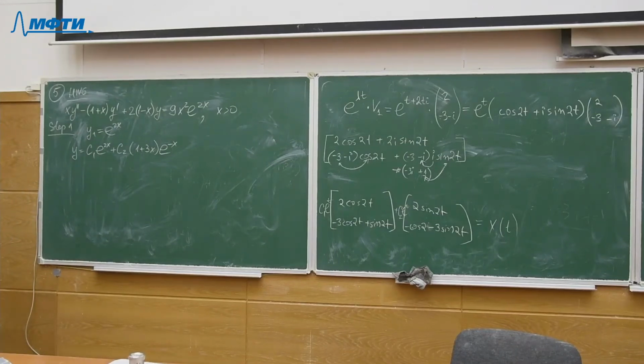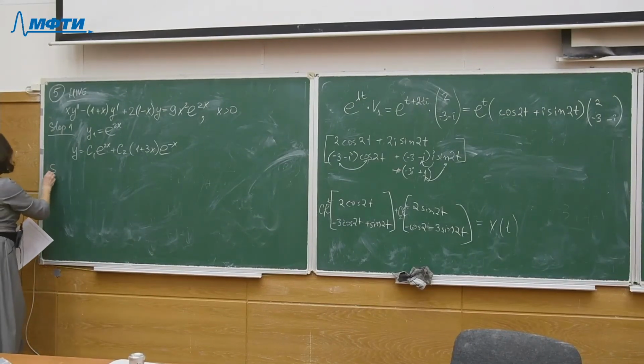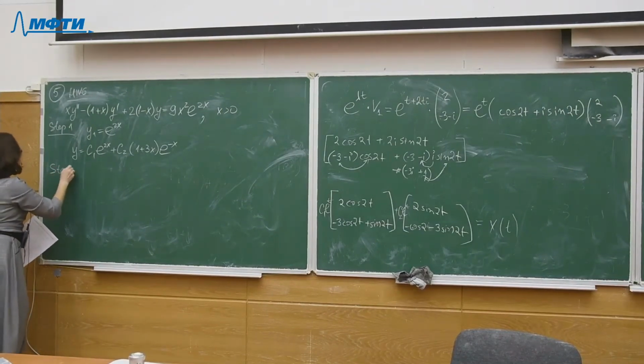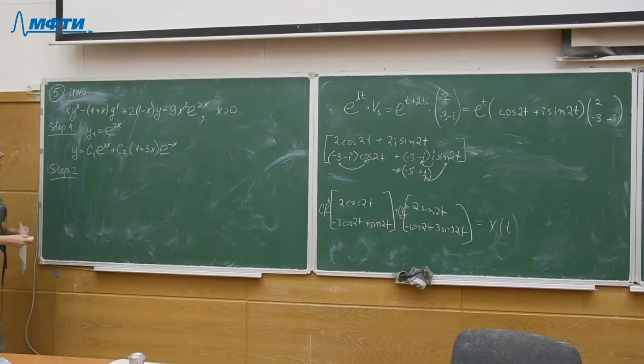Now I have changed the task, and the task will be: given the solution of the associated homogeneous equation, find the solution of the non-homogeneous equation using the method of variation of parameters.